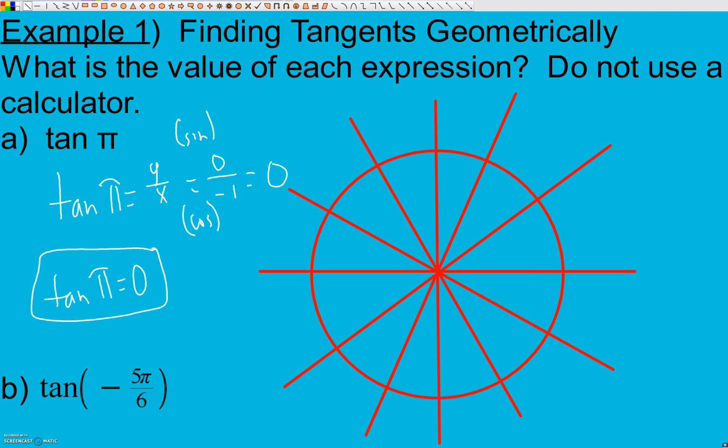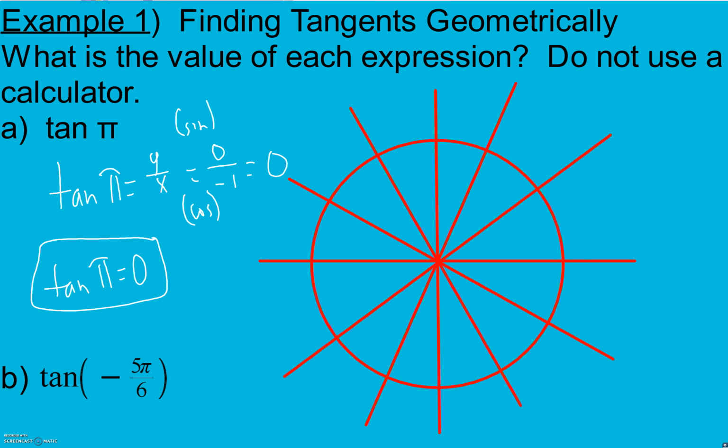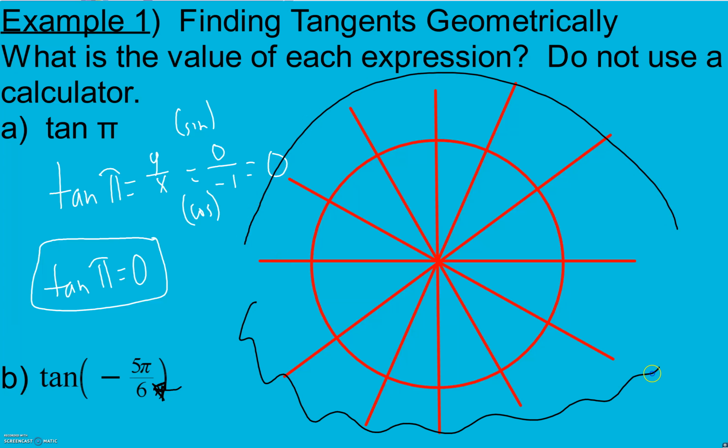So again, I've split my circle into 6 pieces because of the 6 here. So I drew 6 lines to separate it, and each pi, which means just my top half and my bottom half, or each 1 pi, are split into 6 pieces.